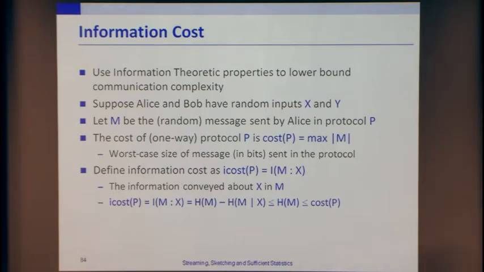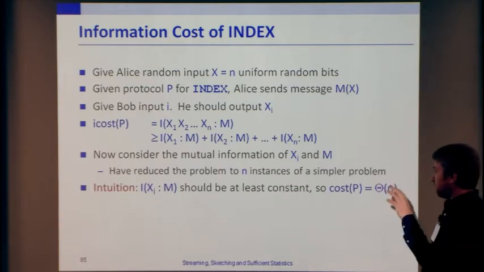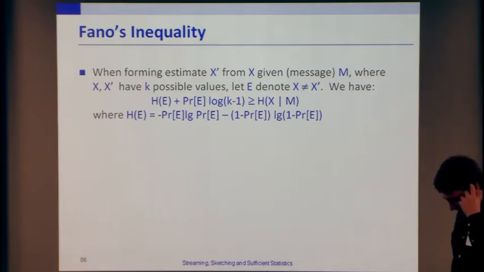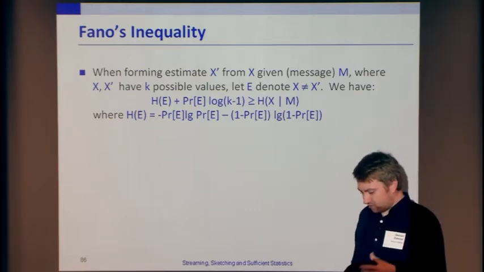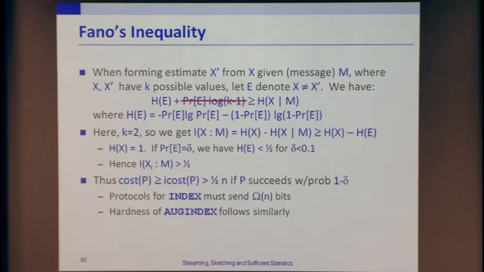And indeed, we can set this problem up so that the bits of Alice's input, we can really think of them as being independent random bits. So there's not going to be any compression. There's not going to be any clever way of getting around this. Alice will have to send a constant amount of information for every bit in the string, which in aggregate means a message proportional to length n of the input string.